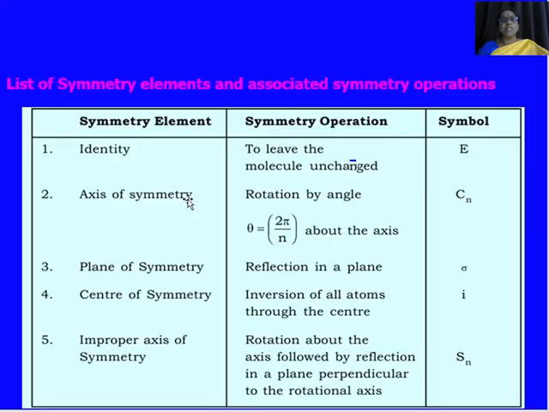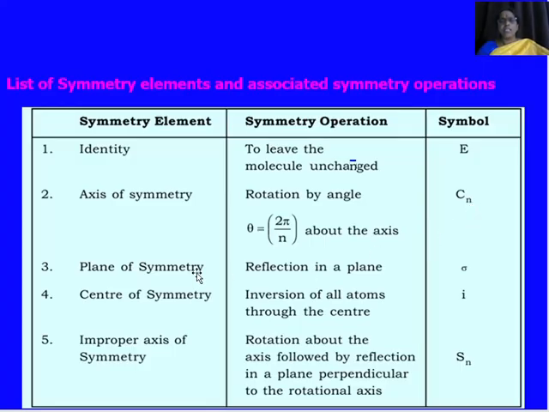There are 5 types of symmetry elements: identity, axis of symmetry, plane of symmetry, center of symmetry, and improper axis of symmetry. The symmetry operation corresponding to identity is nothing but to leave the molecule unchanged, and that is denoted by the symbol E. Axis of symmetry is rotation by an angle theta, which is equal to 2 pi divided by n, or 360 divided by n, about an axis, and it is denoted by the symbol Cn.